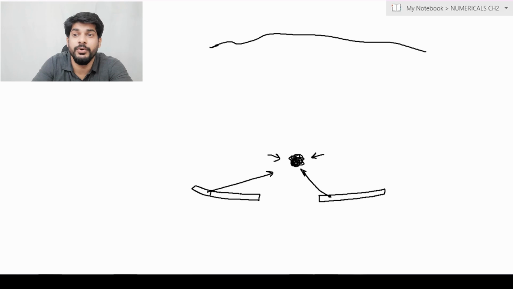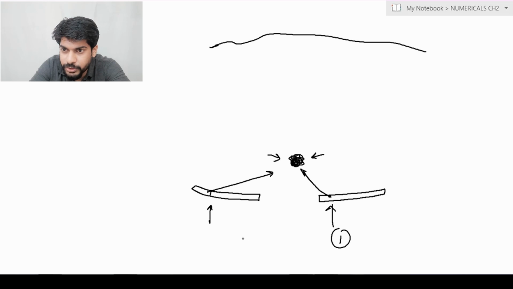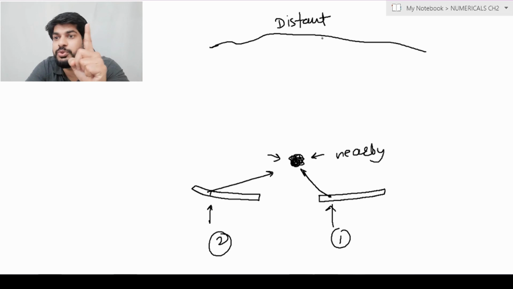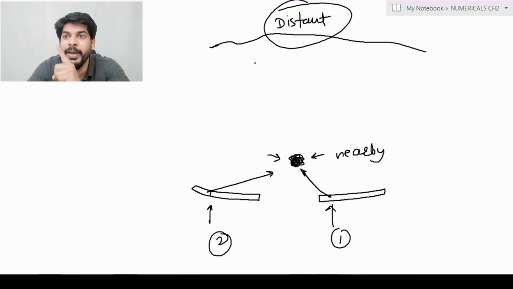Again, you can see this is parallax, because this is one point of observation, this is another point of observation, this is the nearby object, and this is the distant object. We see in parallax that the nearby object appears to change its position with respect to the background. The background appears to be at the same location or in the same direction.